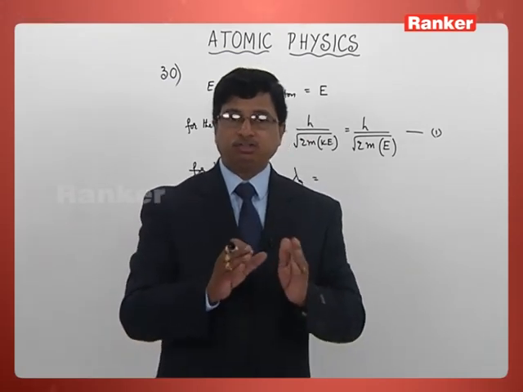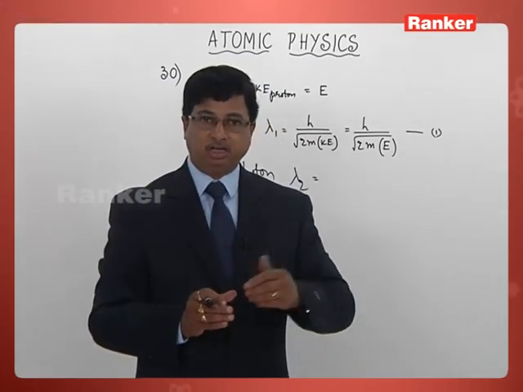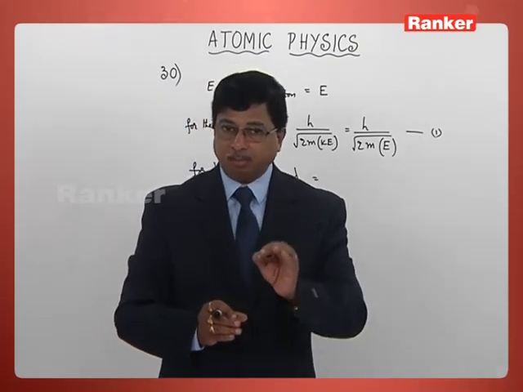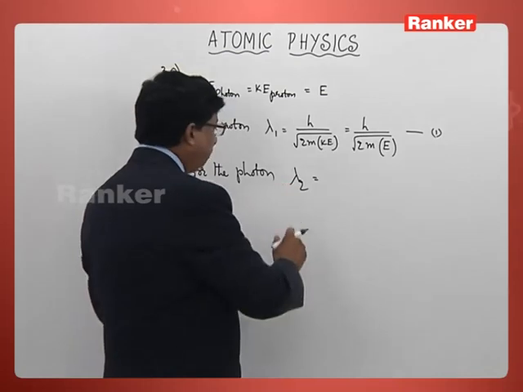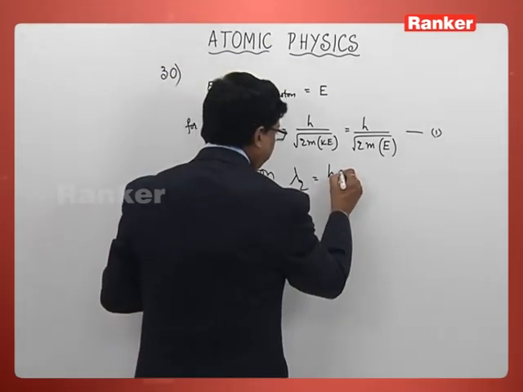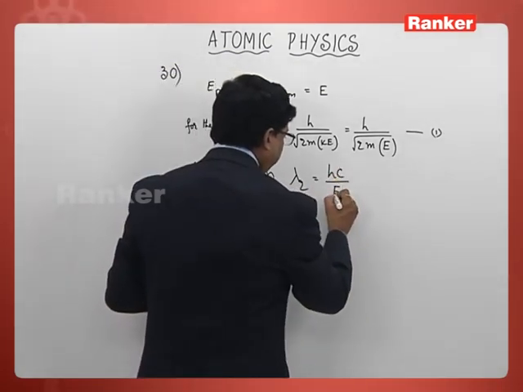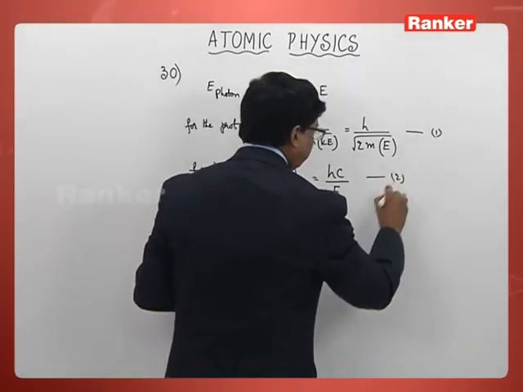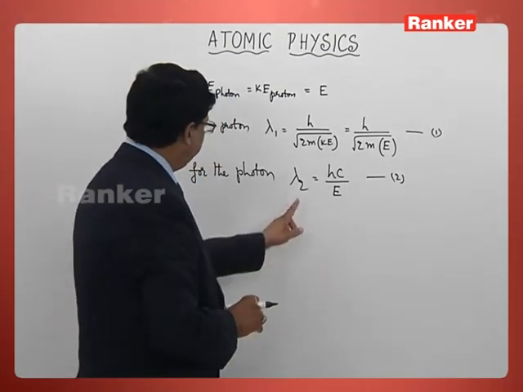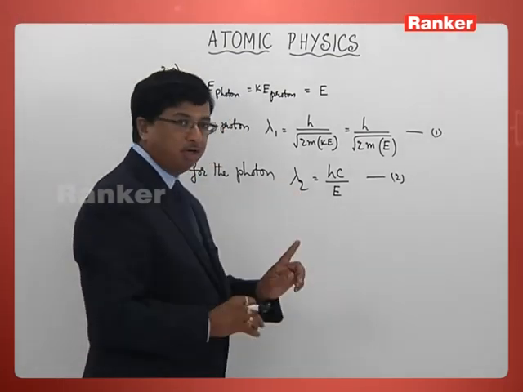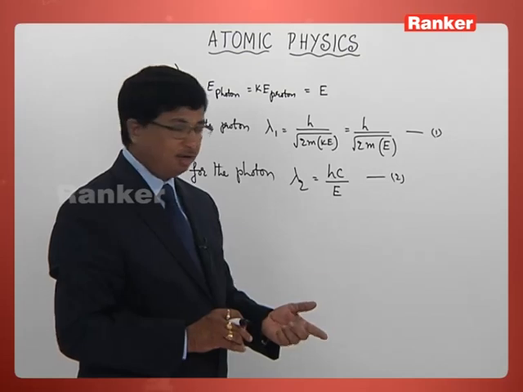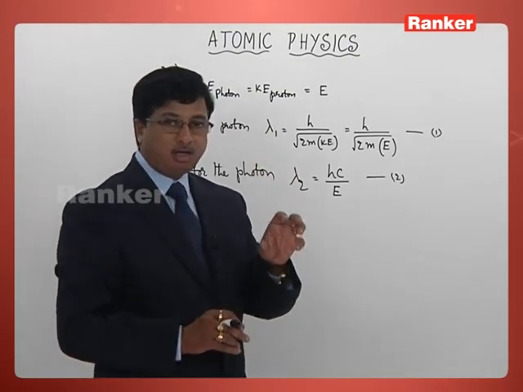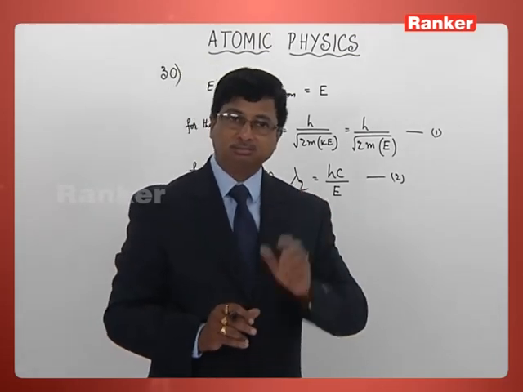Photon energy is h nu according to quantum theory. That can be written as hc by lambda. So what I can write lambda now? Lambda is hc by energy. That is my second equation. So this is the wavelength corresponding to that photon, and this is the wavelength corresponding to that particle natured proton.